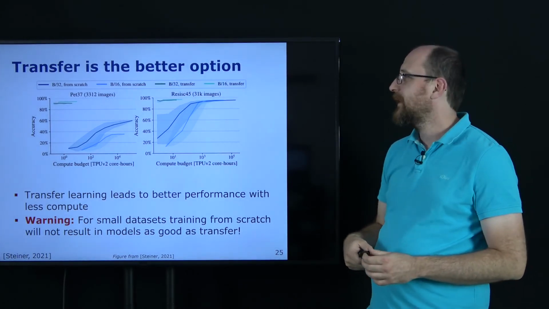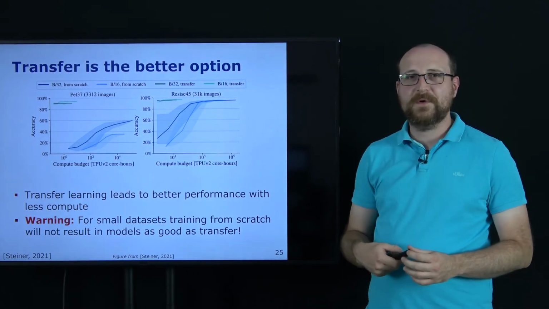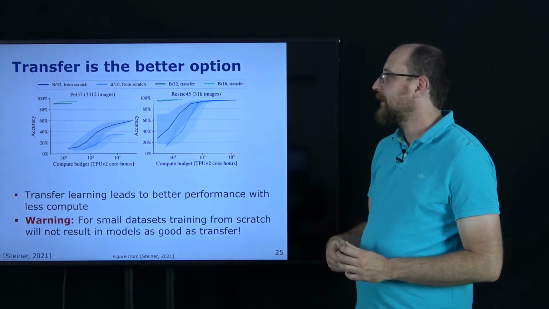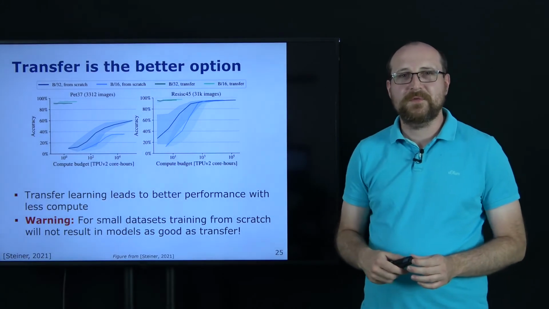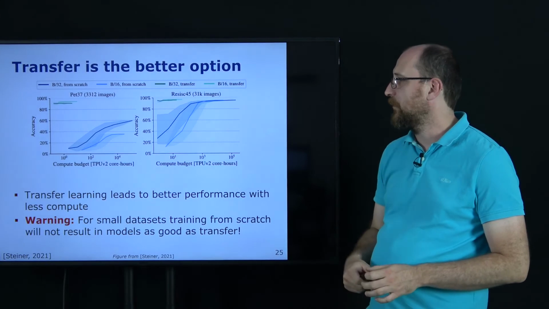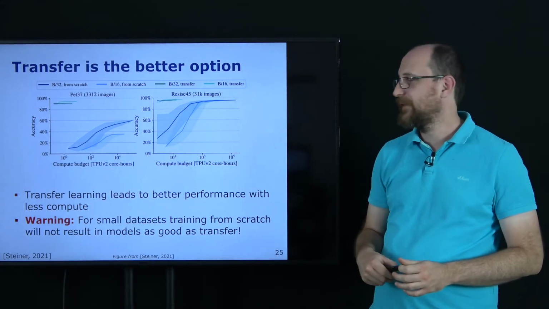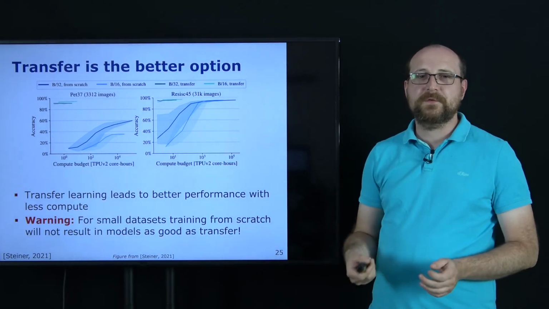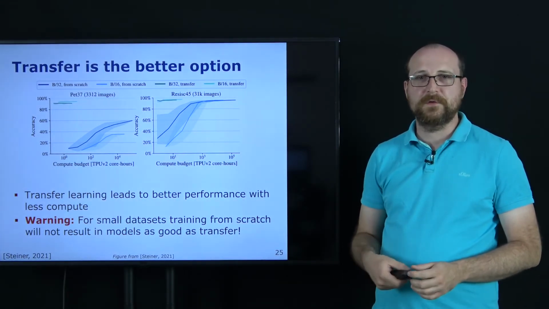So if you're in a compute restricted environment, which usually normal people are, then it's maybe better to just use a pre-trained transformer in the end. The warning that comes out of this is that for small data sets, training from scratch will not result in models that get a good accuracy in the end.